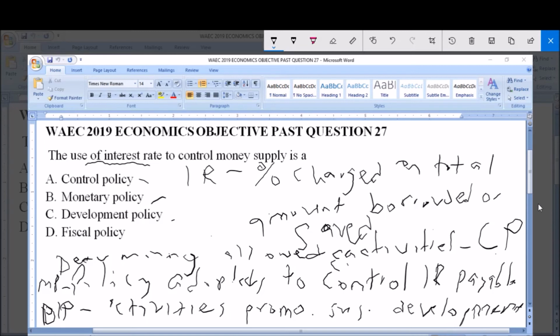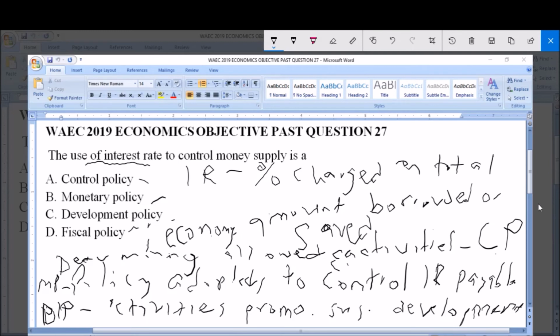Then fiscal policy is basically the use of government revenue to influence the country's economy.